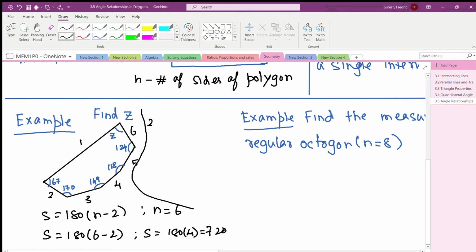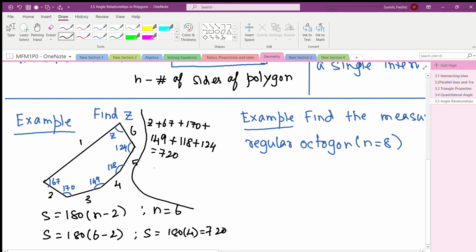So Z plus 67, 170 plus 149, 118, 124, and I've already added Z. So when we add all 6 angles up, that is equal to 720.